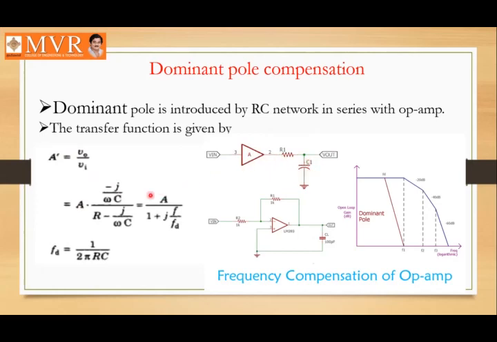Which is nothing but minus j by omega c, and the total resistance present in this part, R minus 1 by j omega c. Here in the place of R1 and C1, we are going to write R and C. No change in that, we can write R1 and C1 also, no problem.